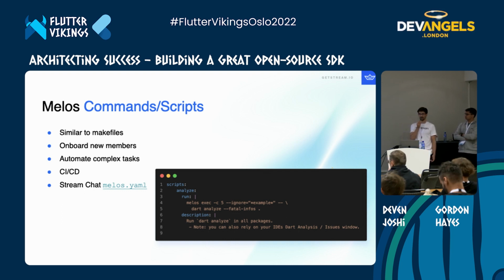If you've ever used a makefile, you have your makefile in your main package root, and that has a series of commands that you can easily execute and automate some tedious tasks. The benefit of this is that it also simplifies testing, because later down the line, once you want to do CI/CD, it's not a matter of you making these scripts from scratch. It's a matter of you installing Melos through the pub store, and then running the same commands that you would normally run locally.